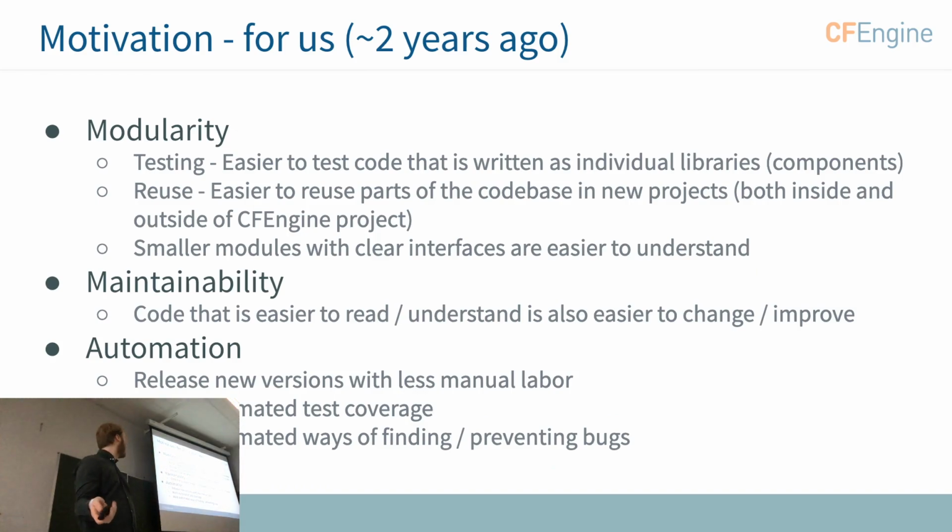And the final point here, more automated ways of finding and preventing bugs is always good, and being proactive about fixing bugs even before they're reported by users is good.